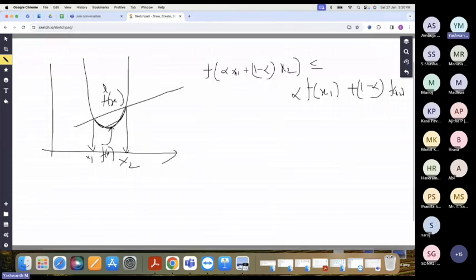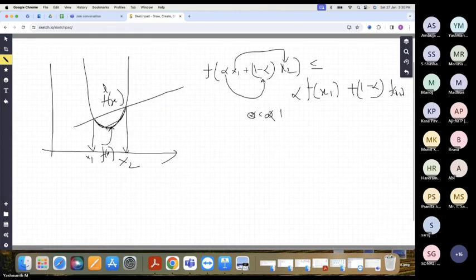Right? For all x1, x2, wherever this function is defined, f of a point between x1 and x2 is given by alpha times x1 plus 1 minus alpha times x2, where alpha is between 0 and 1. If alpha is 1, you are at x1.